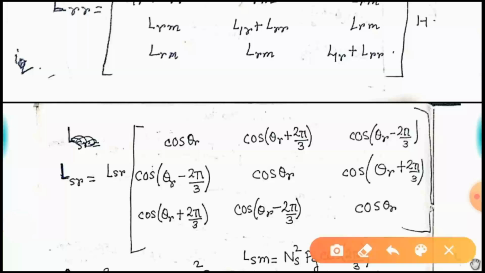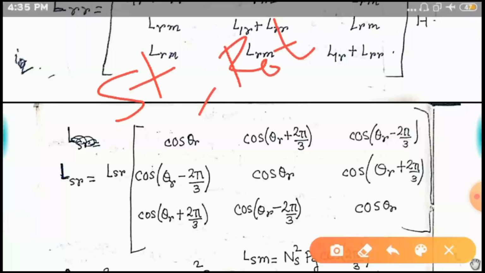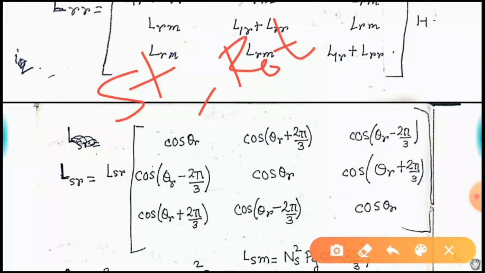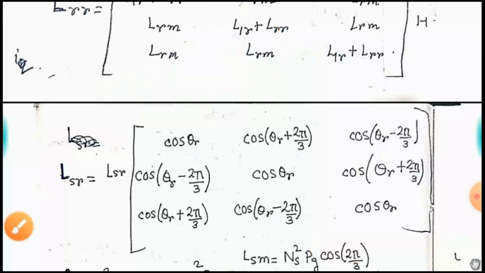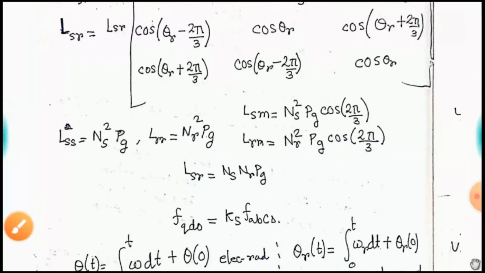So it is a bridge between stator and rotor, and obviously it will depend on their relative alignment, and that is why this is always dependent on theta r. Now here is the definition of what LSS is, right?